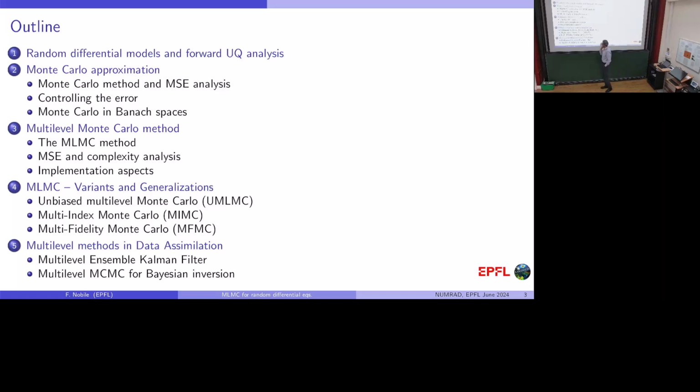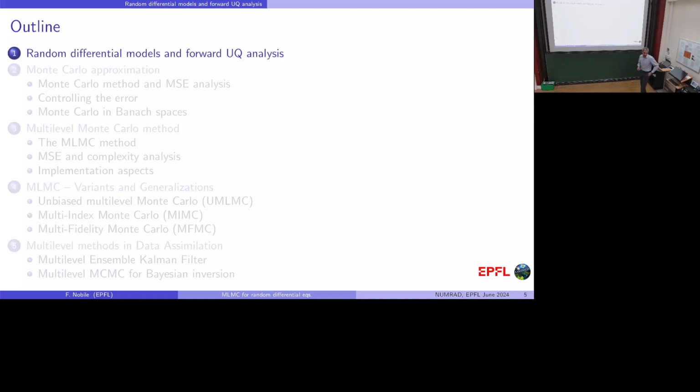So we discuss one multi-level version of the ensemble Kalman filter that we have developed, I think, also a few years back, and a multi-level MCMC for Bayesian inversion that is essentially the method that Rob Scheichl has proposed with Aretha Teckentrup and a few others, and we have slightly generalized and did some analysis of that method. I'm not sure I will get up to that point, so let's see how far it can go.